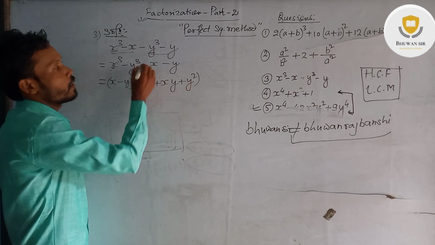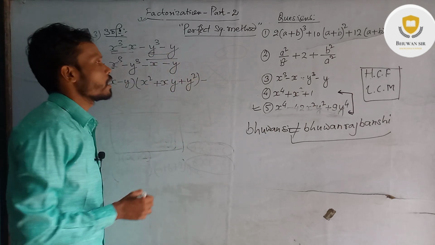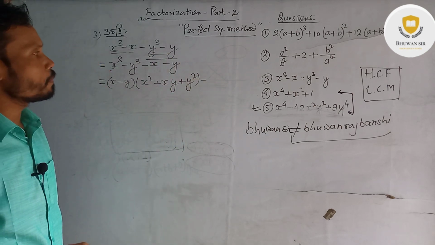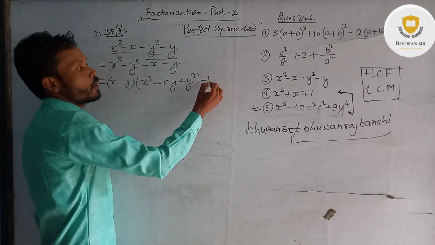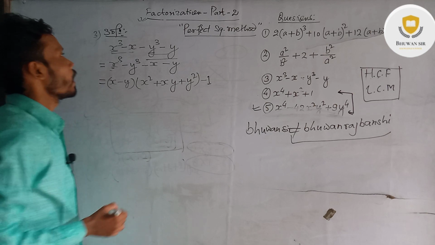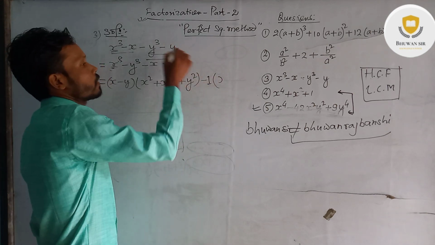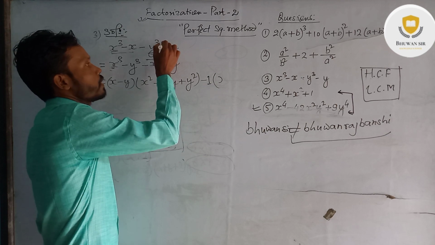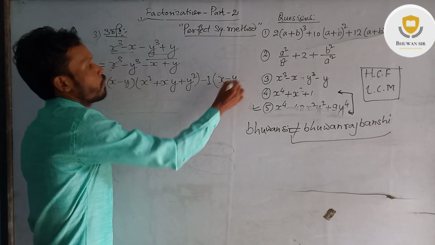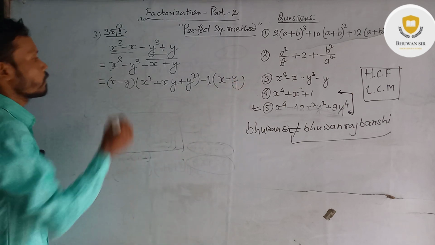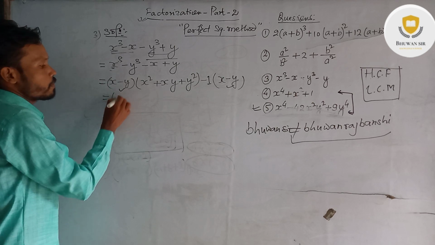Now in the last pair, we can't see any common factor between these 2 and 1, so we can take minus 1 common. If there is no common factor, we can write 1 as common. This y is in plus sign, plus x minus y. Now x minus y we can take common.